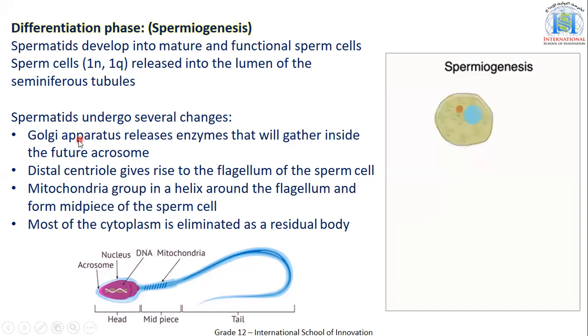The acrosome comes from the Golgi apparatus. Centrioles give rise to the flagellum, to the tail of the sperm cells, and mitochondria, which are responsible for the energy of the sperm cell, make a group around the mid-piece of the sperm cell. So the acrosome comes from the Golgi apparatus. Mitochondria form the mid-piece of the sperm cell, and the tail comes from the centriole.